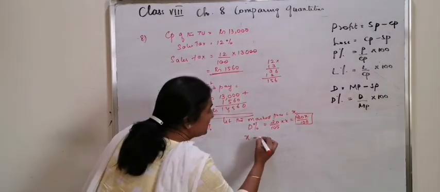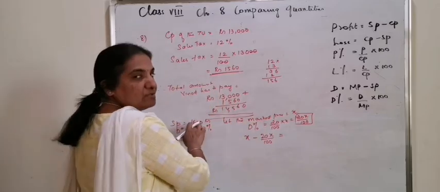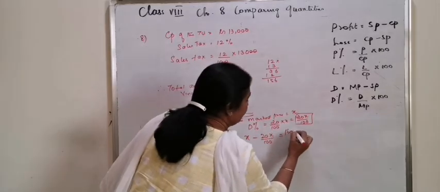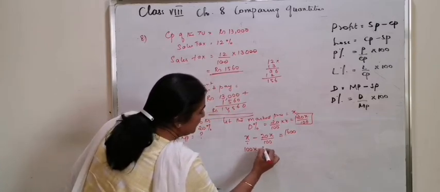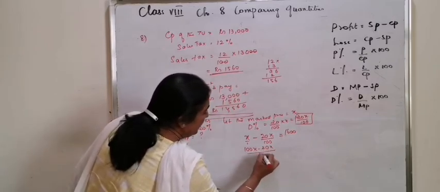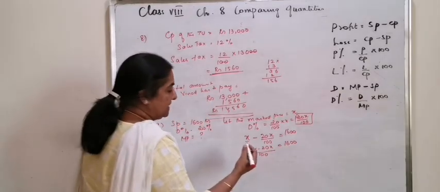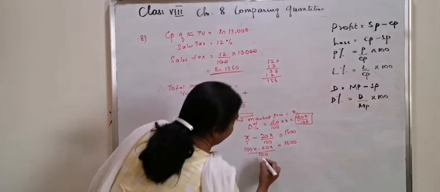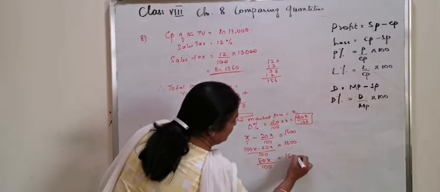That means X minus 20X by 100 gives 1,600 rupees. By LCM, it is 100X minus 20X by 100 is equal to 1,600. 100X minus 20X is 80X. 80X by 100 is equal to 1,600.